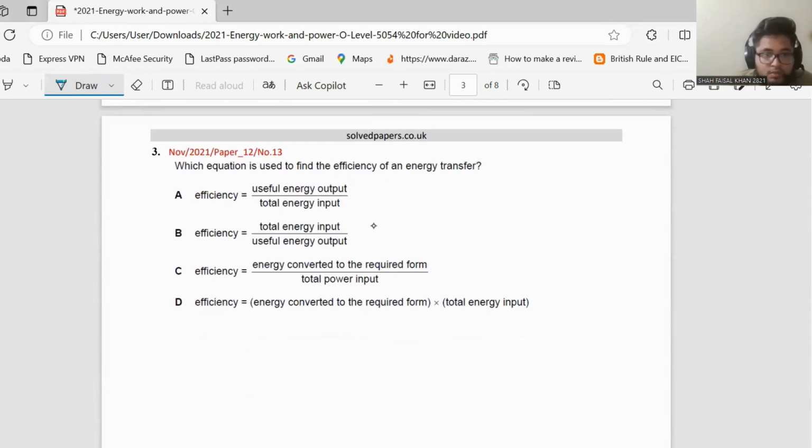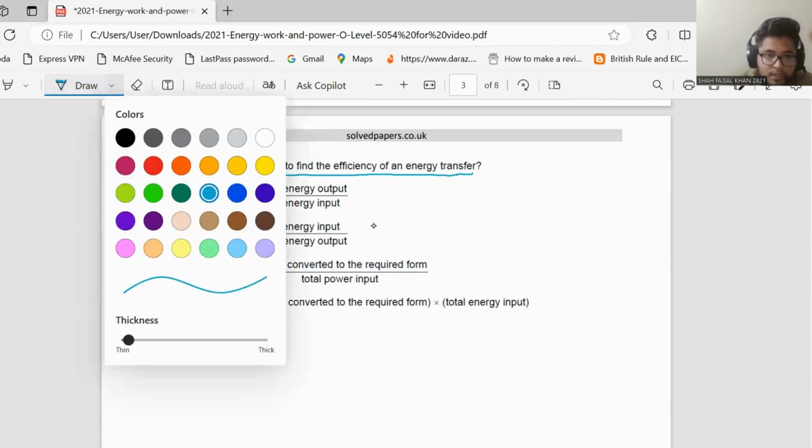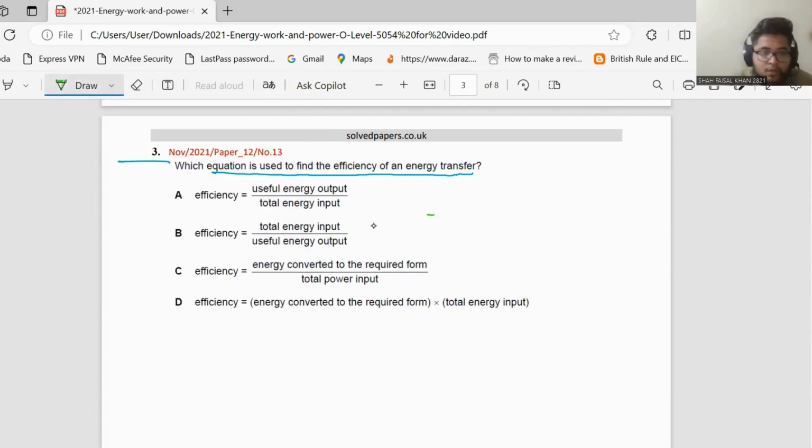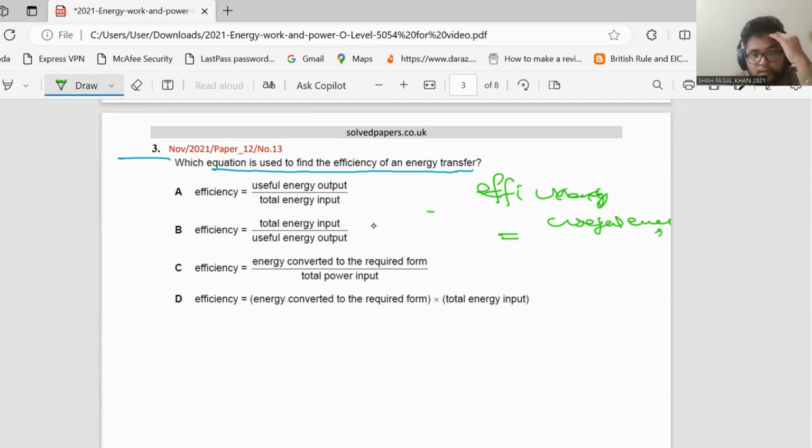Now let's check question number 3. Which equation is used to find the efficiency of an energy transfer? This is an easy question. The formula for efficiency is useful energy output upon total energy input.